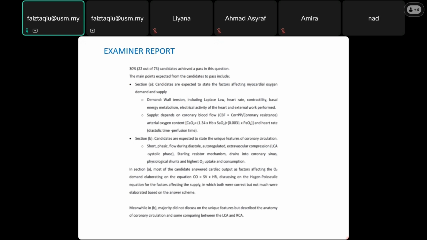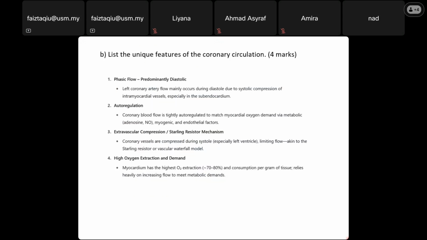For section B, candidates are expected to state the unique features of coronary circulation, which are: short, low flow during diastole, auto-regulated, extravascular compression of the left coronary artery during the systolic phase, stalling resistor mechanism, drains into the coronary sinus, physiological shunts, and highest O2 uptake and consumption. So the examples for B: flow predominantly diastolic.